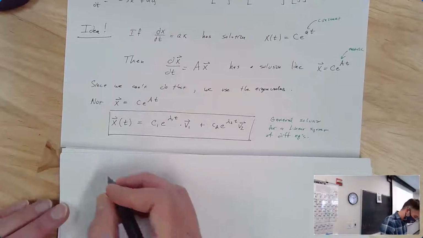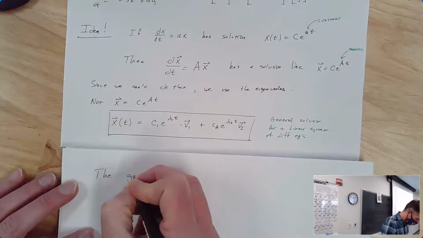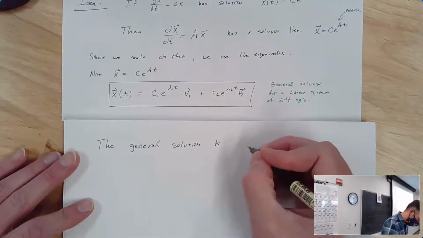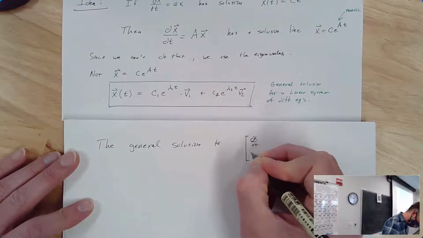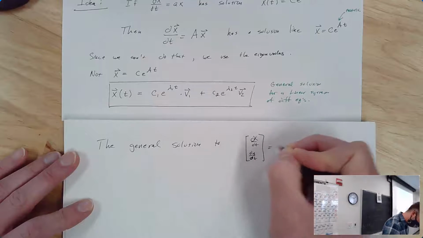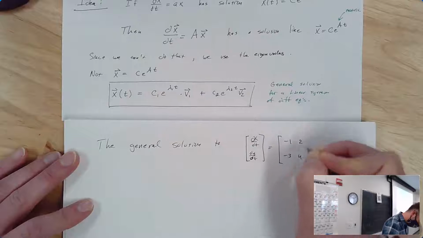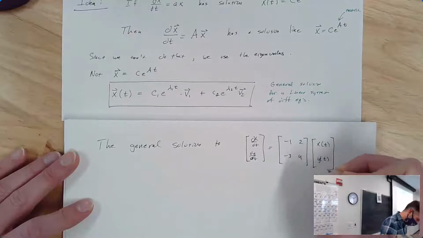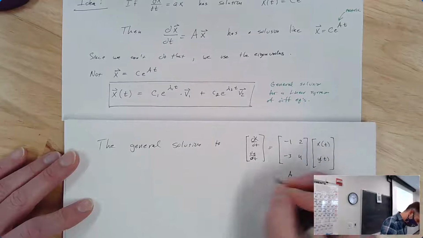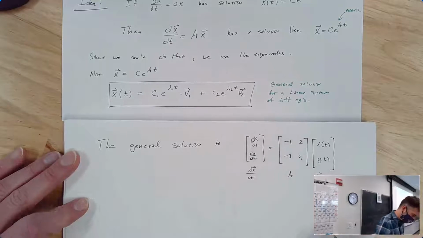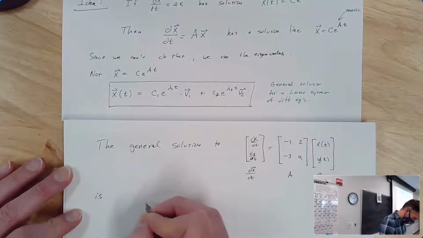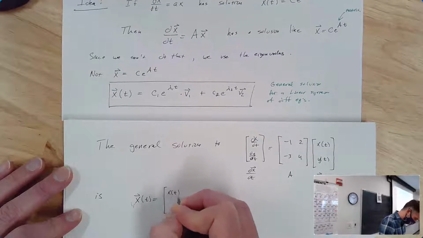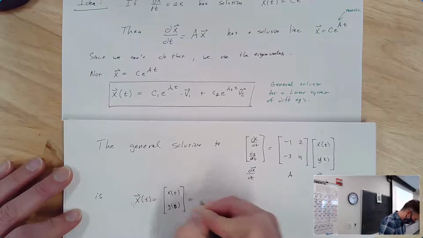We're looking at the general solution to dx/dt, dy/dt equal to this matrix A times x of t, y of t, which is the vector x of t, regular x, regular y. It's going to equal all this.